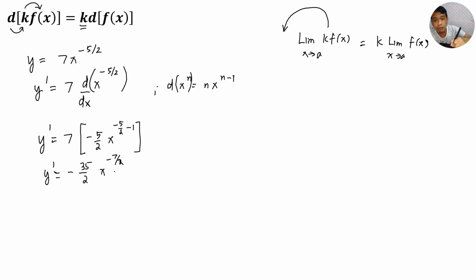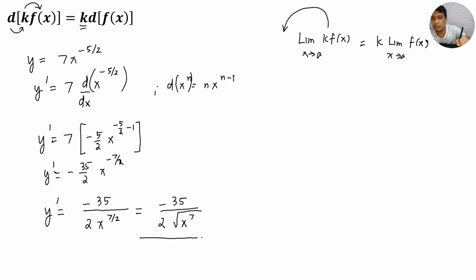Or again, if you wish to eliminate this negative exponent, pwede natin siyang ibaba as negative 35 all over 2 x raised to 7 halves. Or this can be written as negative 35 over 2 square root of x raised to 7. So this will be our final answer.